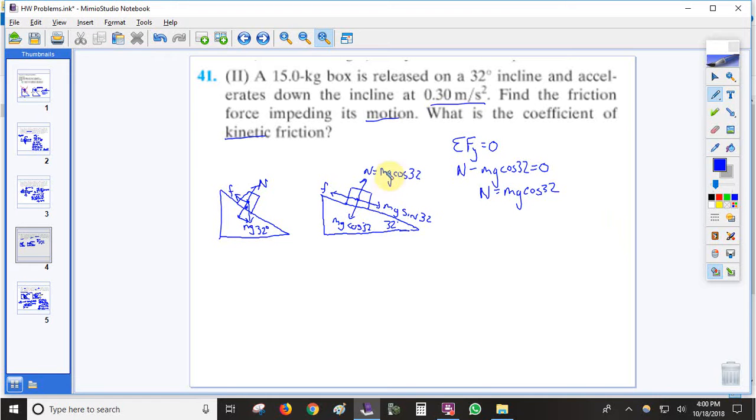And if you hate this whole mg thing and you want to put some numbers in there, we know the mass is 15 kilograms. We know gravity is 9.8.